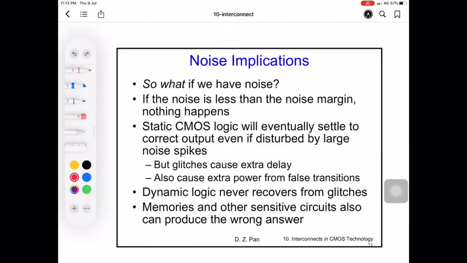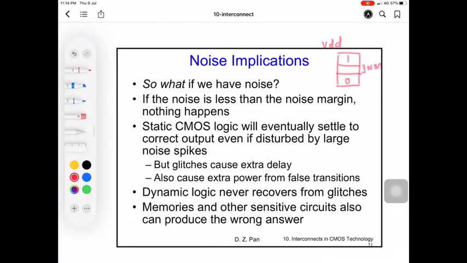So what are the noise implications? What if we have noise? If the noise is less than the noise margin, then nothing happens. You remember we have the noise margin. This is VDD, and you have the voltage, and the middle part is the noise margin.